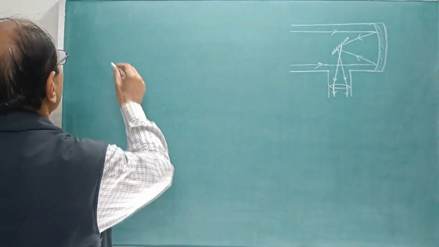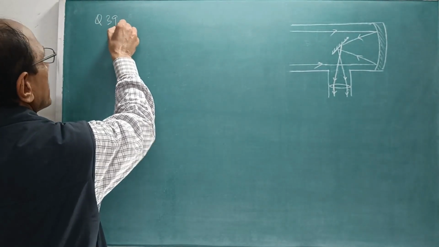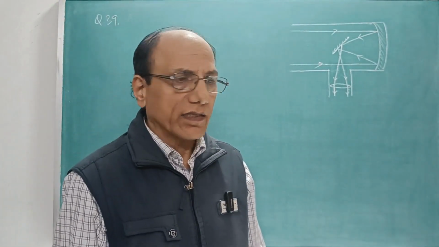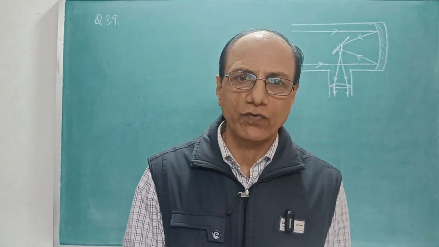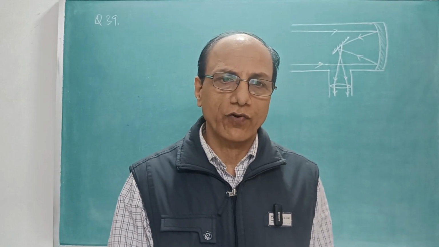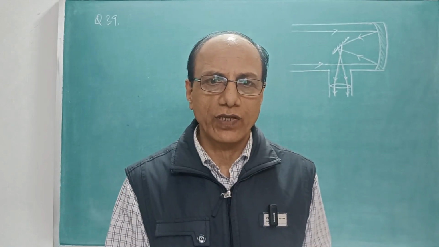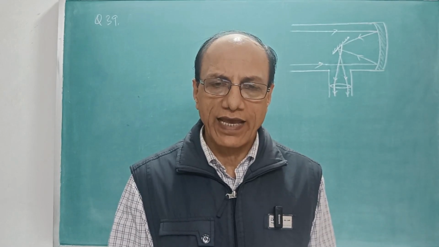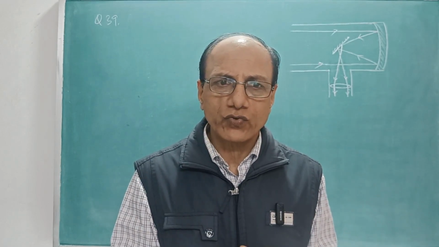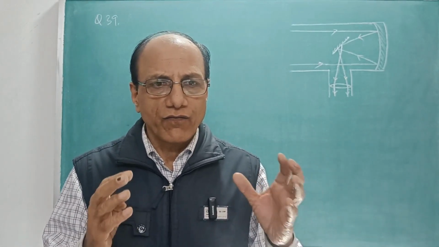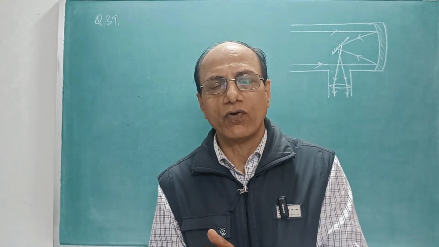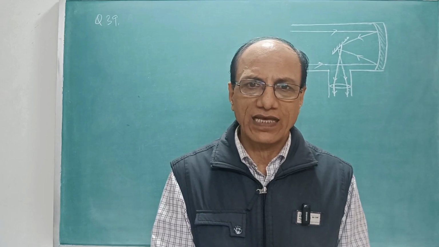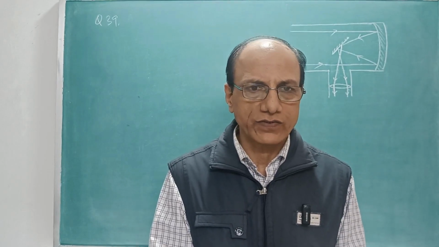Now question number 39. This above image is that of a reflecting type telescope. Reflecting telescopes revolutionized our ways of looking in the sky. They employ mirrors to gather and focus light rather than relying solely on lenses as in their refracting counterparts.